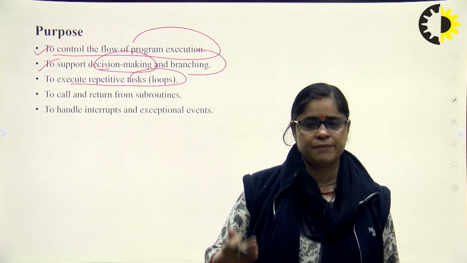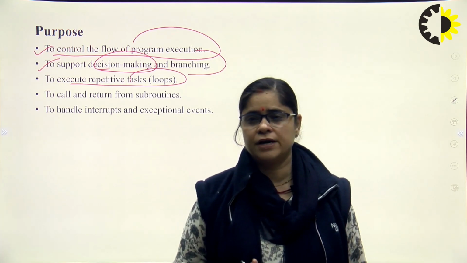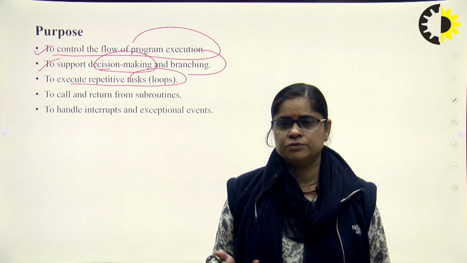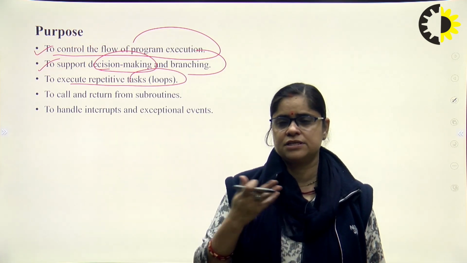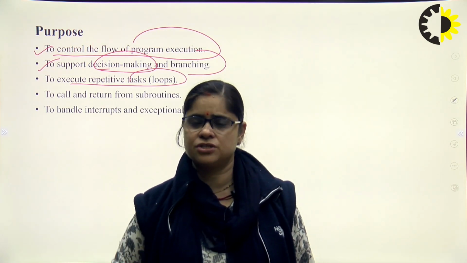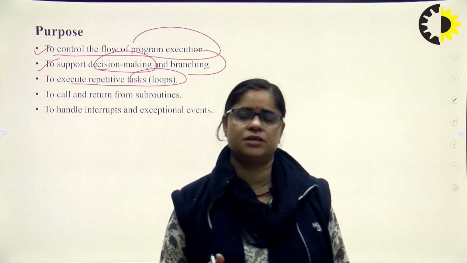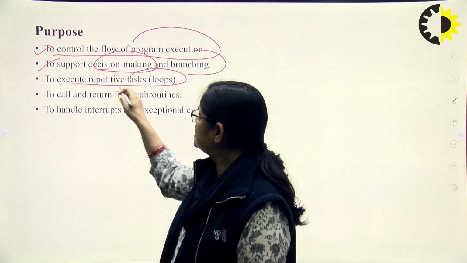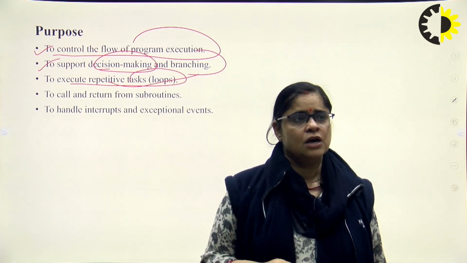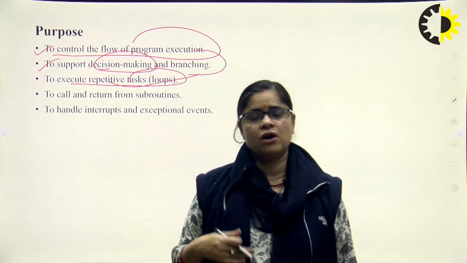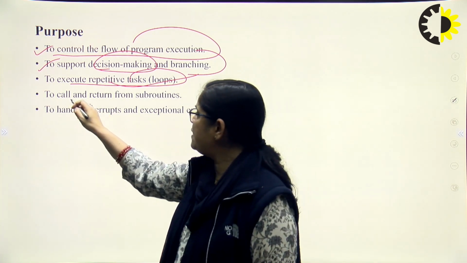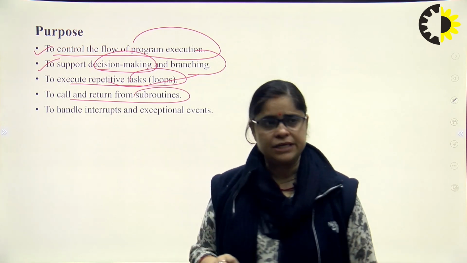When it is jumping from one task to another, or with the help of loops, we say that if this condition is true, then this will happen; if this condition is not true, then this will not happen. So it executes repetitive tasks or loops. Again, it is helpful to call and return from subroutines, right?